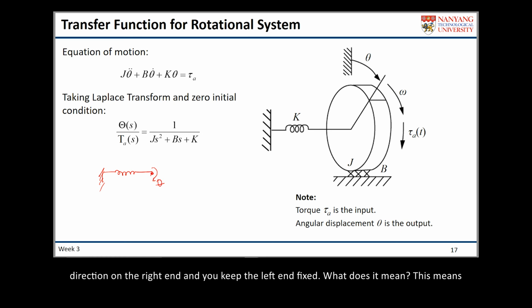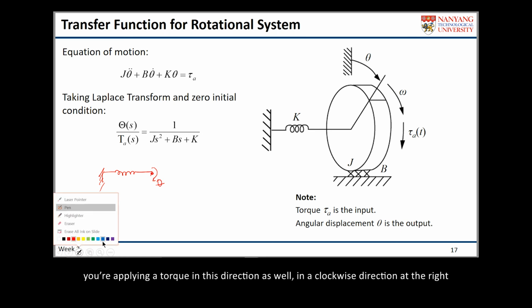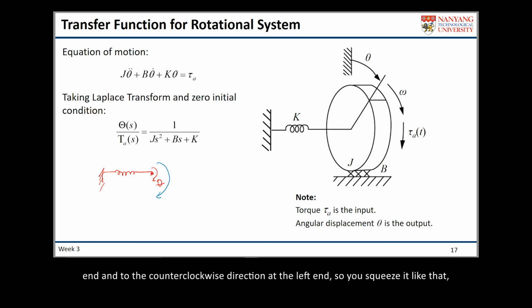This means you are applying a torque in the clockwise direction at the right end, and in the counterclockwise direction at the left end. So you squeeze it like that, where the applied torque is proportional to the relative angular deformation, which is K times theta. This is the torque applied to the rotational spring.